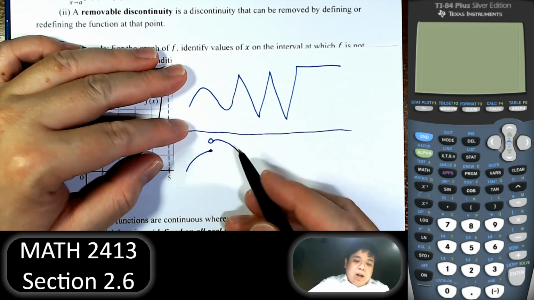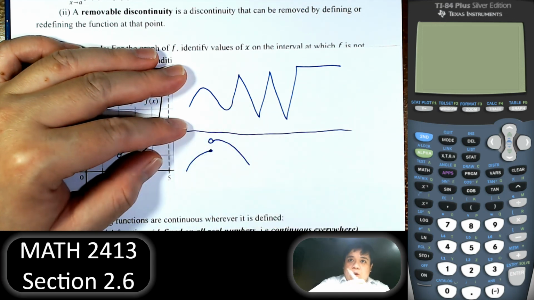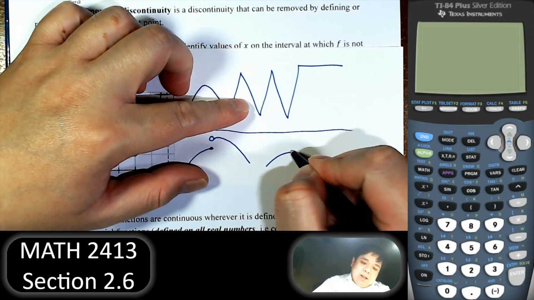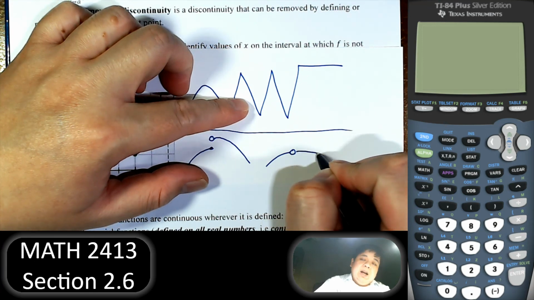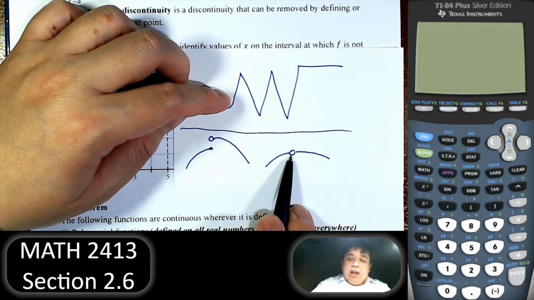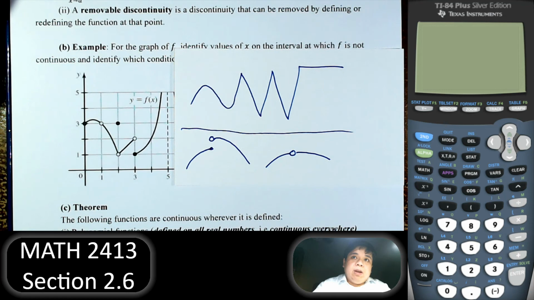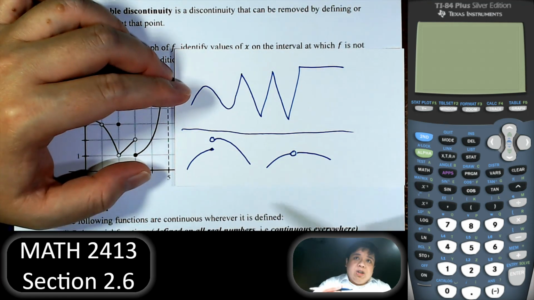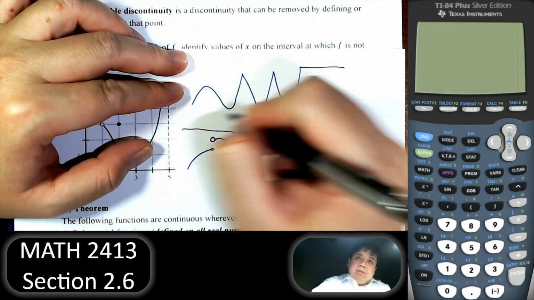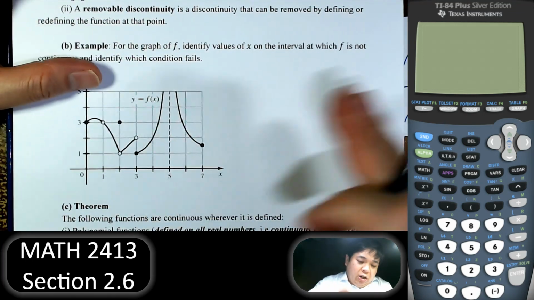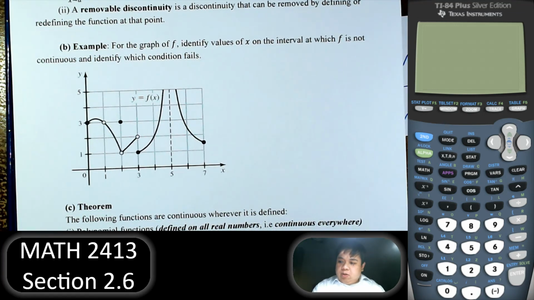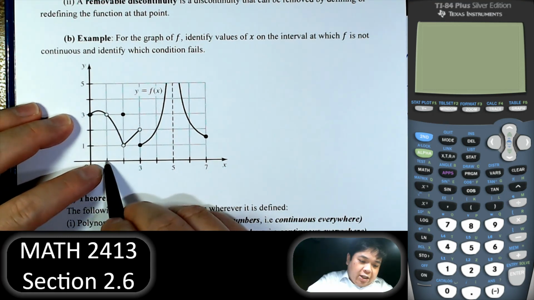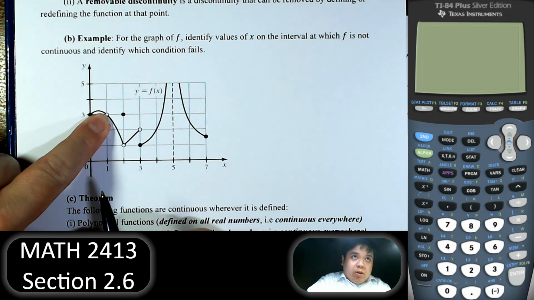In order to draw that, we have to pick up the pen and draw the second part of it. Or even this is considered not continuous because it is missing a point. So if we draw a continuous function, we don't need to pick up the pen. When we look at this, there are a lot of different points where it's not continuous. First, it is at 1, where they're missing a point.